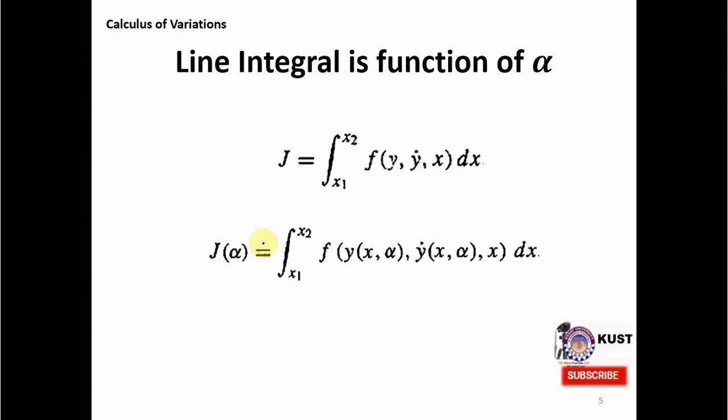So we will get this J now, which is a function of alpha, because this y is a function of alpha, and also the y dot is a function of alpha. So in this first part of the lecture, we have defined the line integral for the motion of a particle or a system of particles, and we have introduced the parametric equation in terms of parameter alpha, which will be varying, and when its value is 0, then we will get the actual path.